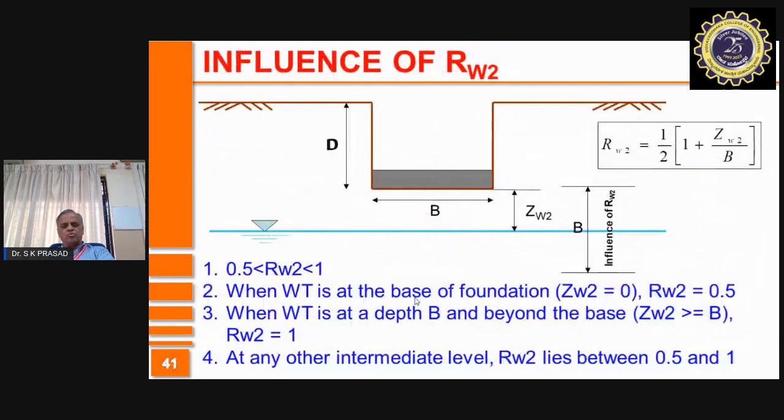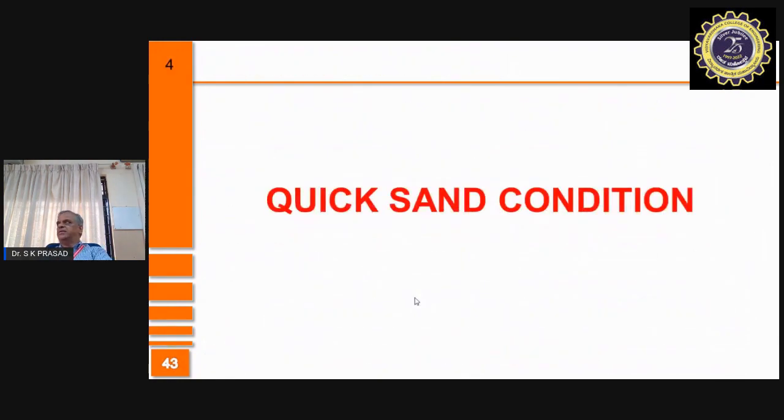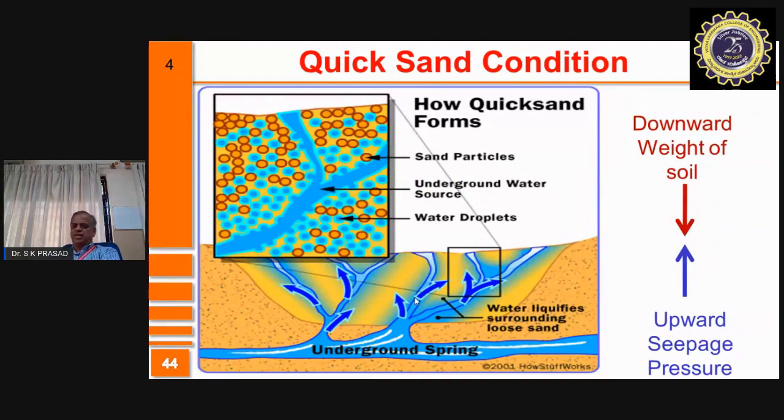So I go back to my discussion on quicksand condition, and please note that quicksand condition is not the type of sand. It is a condition, it is a state in which you have an upward seepage force which is acting upwards that balances the downward weight of the soil.